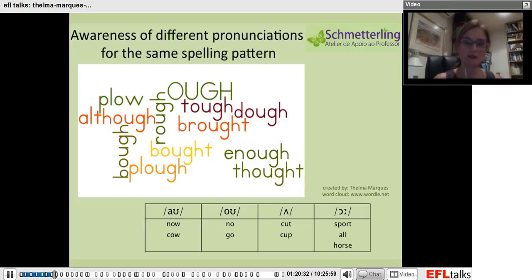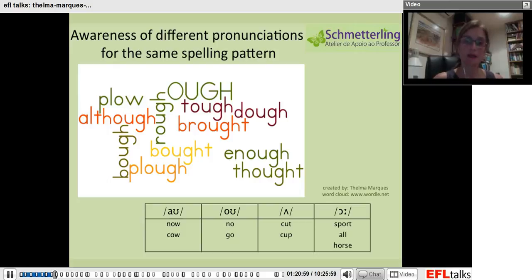In this activity, I distributed these words to students on cards, and they have to put them under the correct column. So for owl, they work out now and cow. For O, no and go. For cut and cup. And for all, sport, all, and horse.